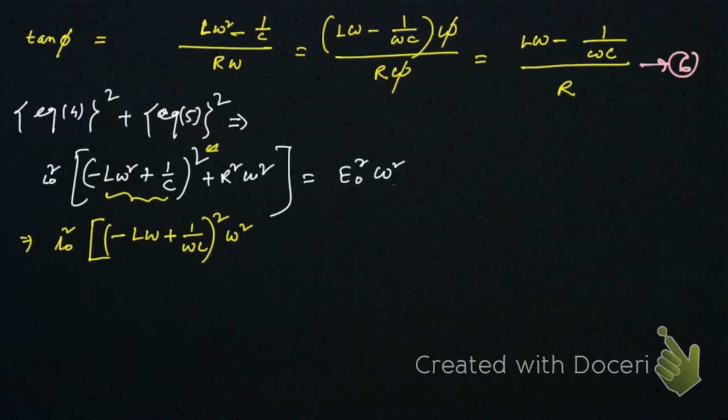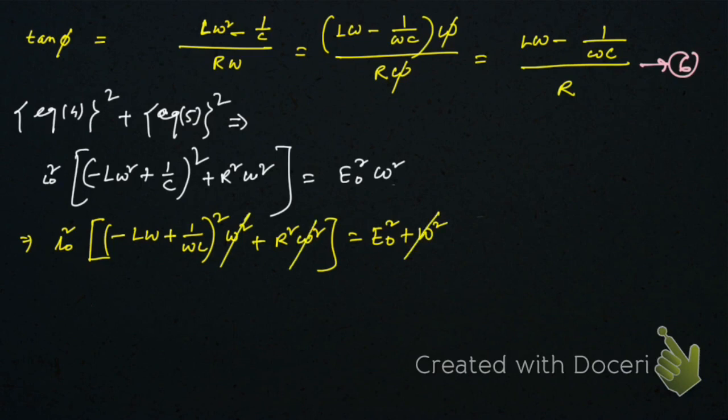Hope you have understood this. So now plus R square omega square E naught square, and dividing both sides by omega square.